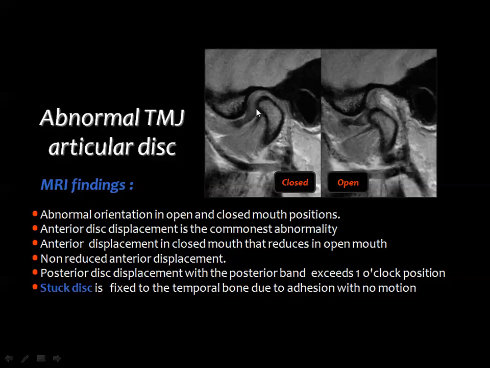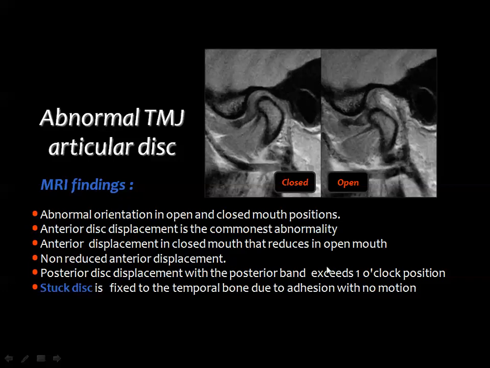And you see the articular disc is displaced anteriorly, and after mouth opening, which is limited, as you can see here, the opening mouth here is limited. The translation of the mandibular head is not free as we see in normal cases, then you see the disc is maintaining its abnormal anterior displacement.